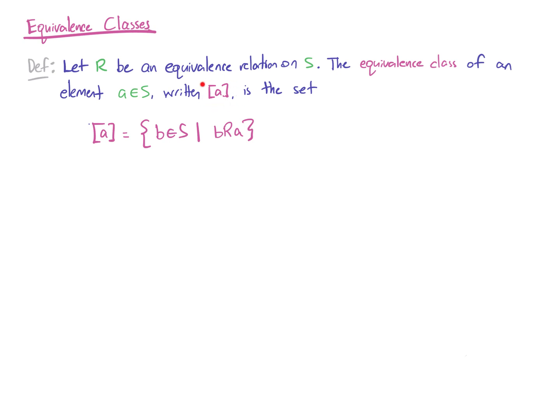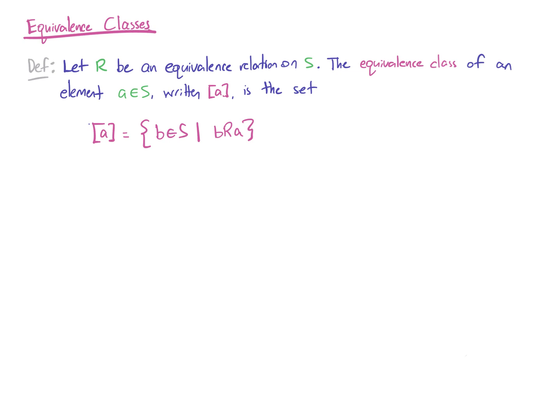The equivalence class is another set, and here is that set in set builder notation. The equivalence class of A is all the other elements of the set that I'll call B here, with the property that those elements are related to A. So everything that's related to A is in the equivalence class.